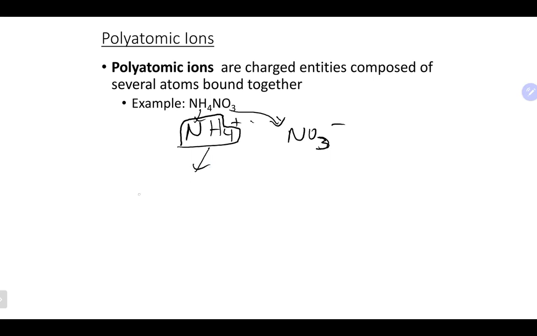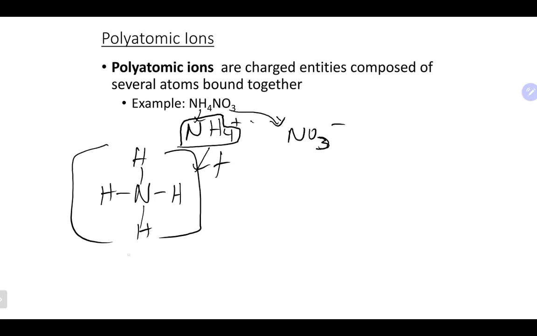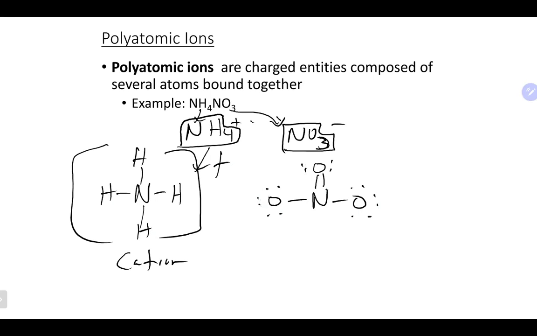Now that we talked about bonding, it is this group that is covalently bonded together, but ends up having an overall charge, so it acts as a cation. This one here we drew as well, covalently bonded together and sharing electrons like so. It has an overall charge of -1 and really acts as the anion in this case.